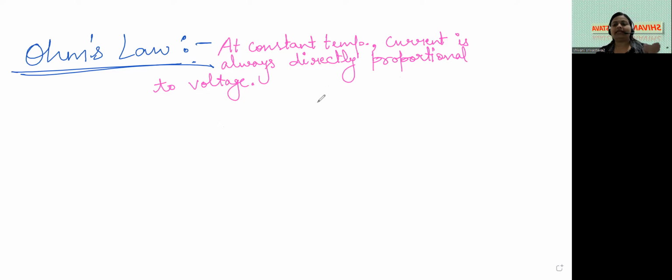Why? Because current depends on the voltage. Now that is a different thing. So we can write it as V is directly proportional to current. You can take it as you like. Now, when we remove this proportionality sign, there will be one constant, and we can call that constant R. This formula will be V is equal to IR.